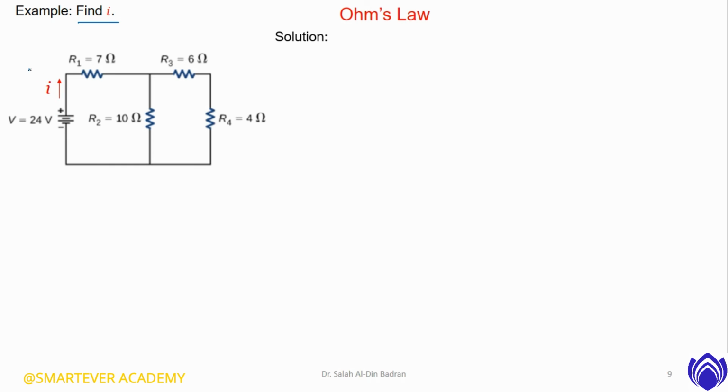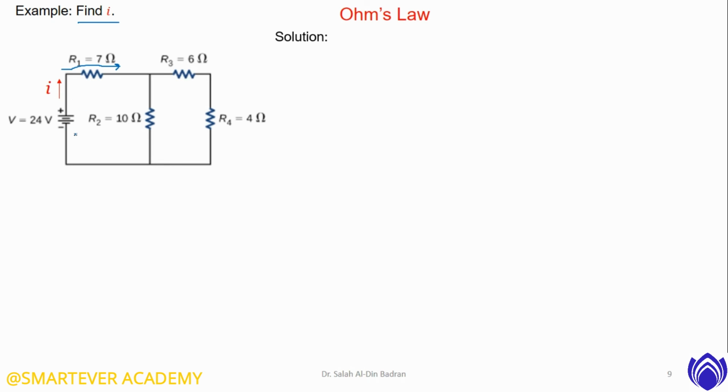You have to understand how this current flows. This is the total current that flows from this voltage source, from the positive terminal, across R1. So R1 is connected in series.